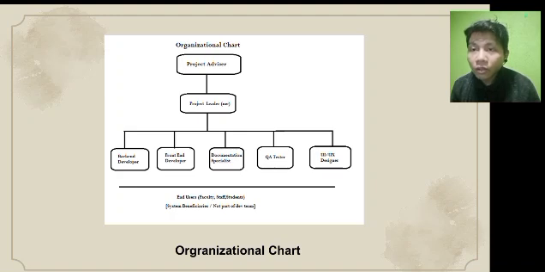The front-end developer is responsible for designing and coding the visual parts of the system, like forms, item listings, and user profiles.